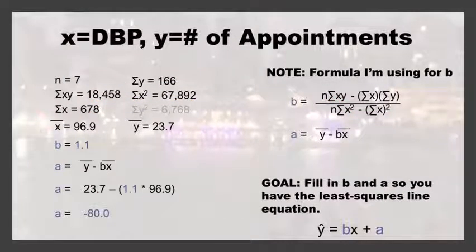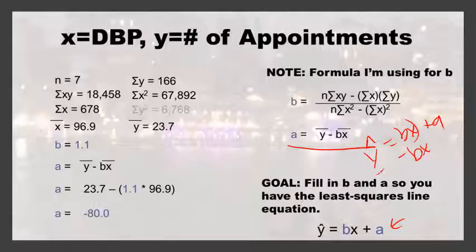So now we work on the A. Here's our A equation. How did we get that A equation? Well, you take it from here. We have y hat equals bx plus a, right? And you have to get this bx on the other side, so we minus bx from both sides.